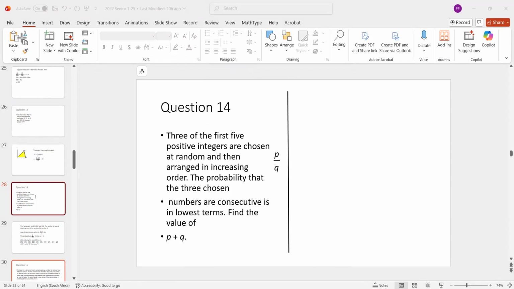Okay, let's focus on that. What is the meaning of this? Now, the first 5 positive integers are 1, 2, 3, 4, 5. Now, 3 of them are chosen at random.